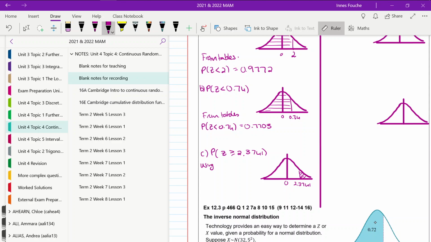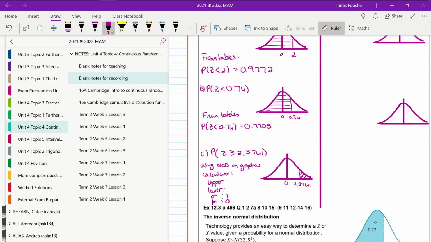So we're using our NCD. And again, we're going to have an upper, a lower, a sigma, and a mu. Standard normal distribution, standard deviation is 1, and my mean is 0.